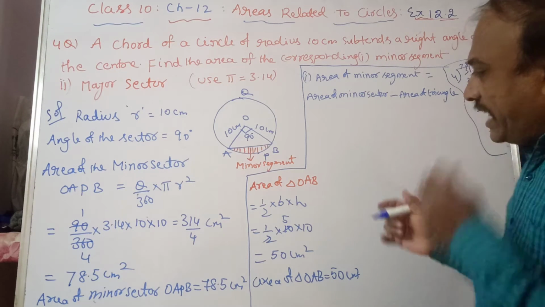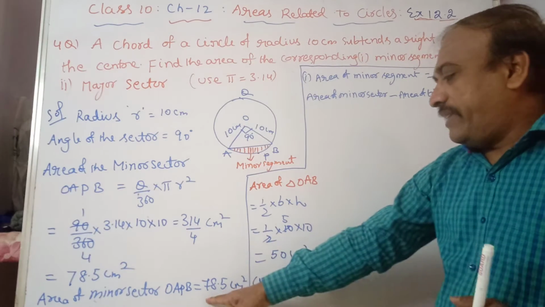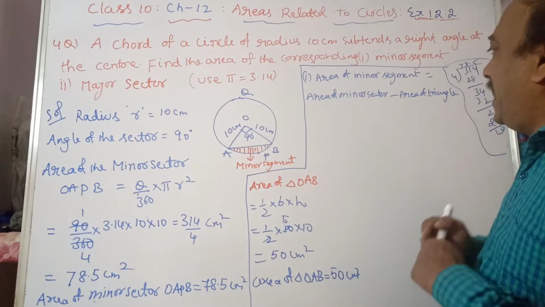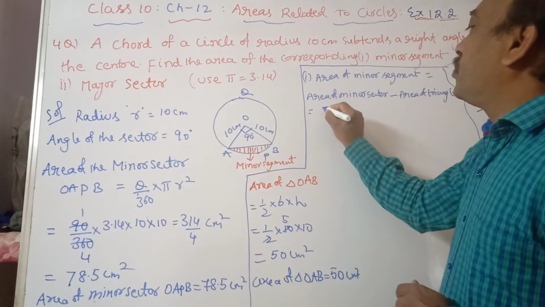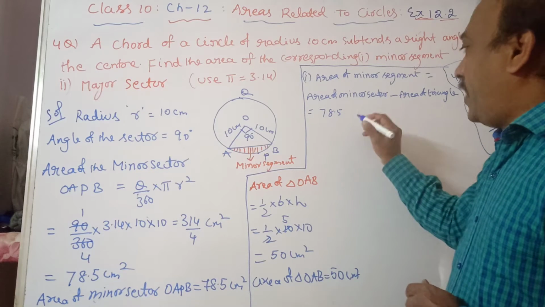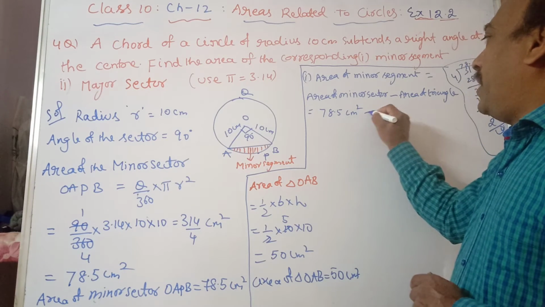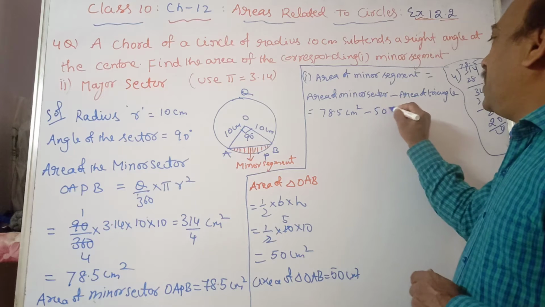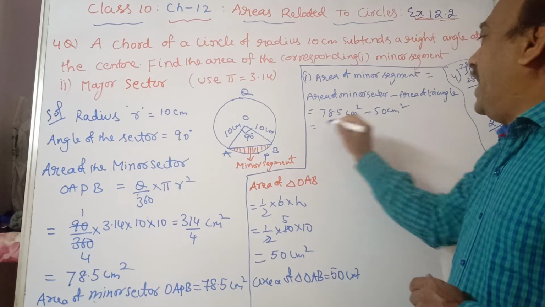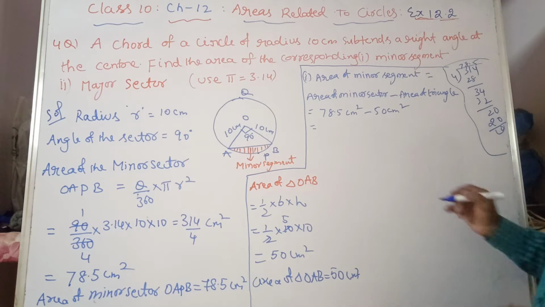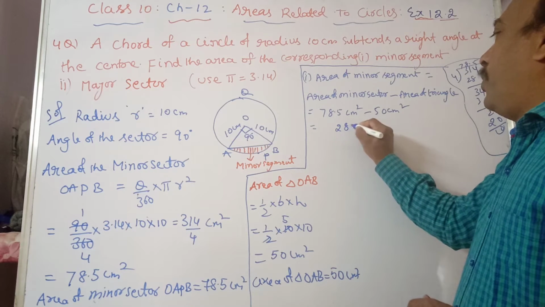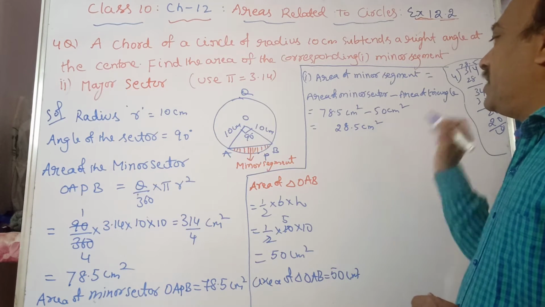So we got here the area of the minor sector as 78.5 centimeter square. So which is equals to 78.5 centimeter square minus 50 centimeter square. Therefore, 78.5 minus 50, you will be getting 28.5 centimeter square.